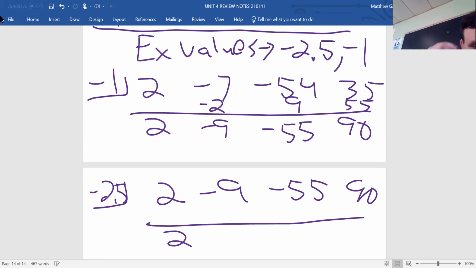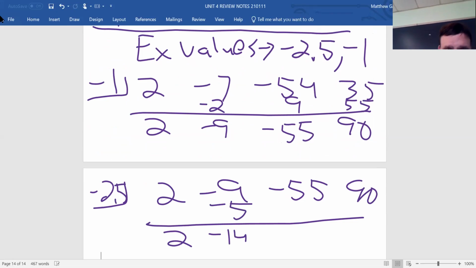So 2 times negative 2.5 is negative 5. Added to negative 9 is negative 14. Negative 14 times negative 2.5. I'm fearful I copied it. It's 35. Minus 55 is negative 20.